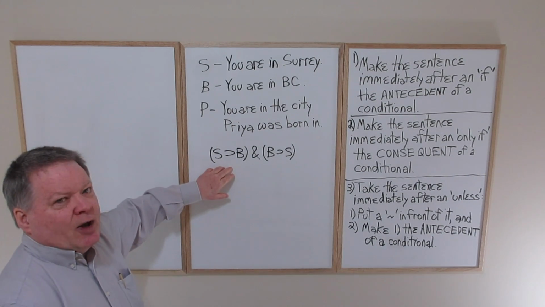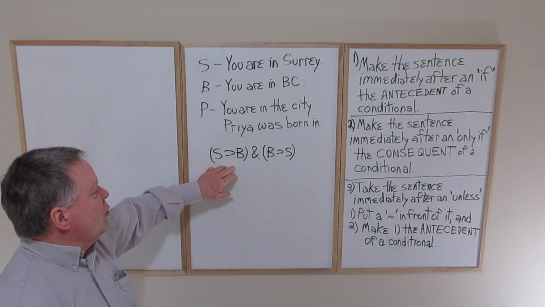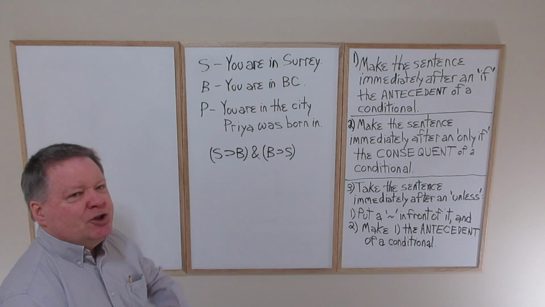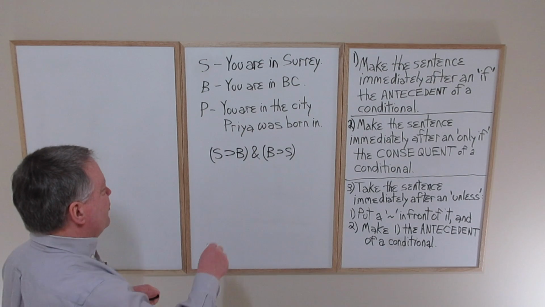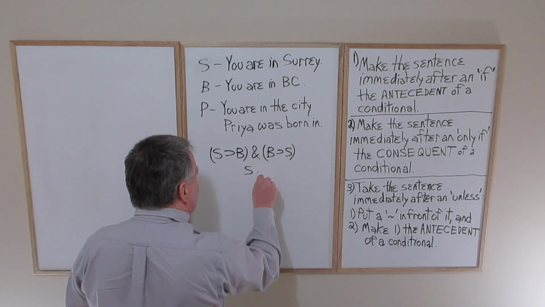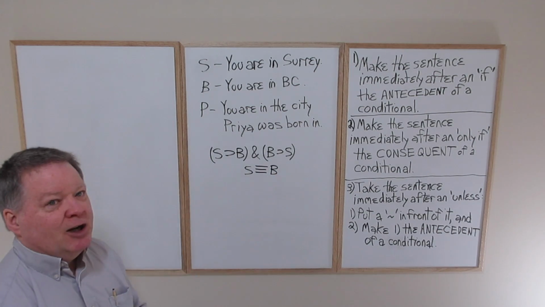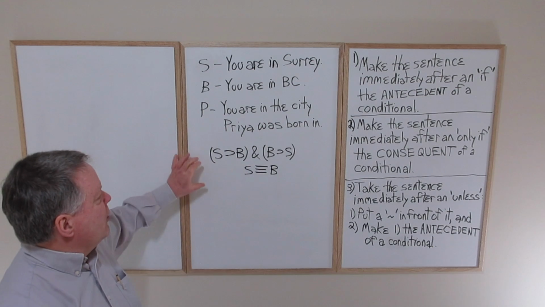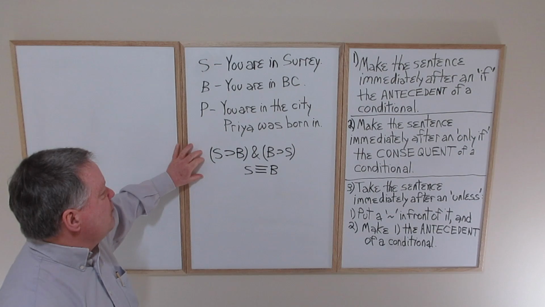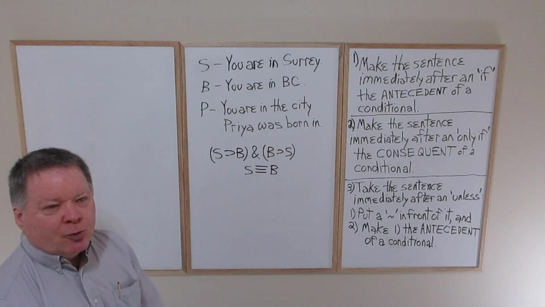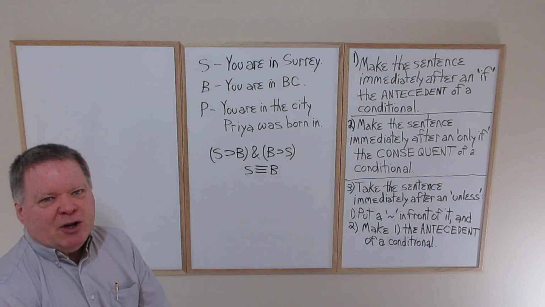So, since a conjunction of two conditionals can only be true when both of the conjuncts are true, this conjunction is false. Thus, you're in Surrey if and only if you're in British Columbia is also false because it's equivalent to this conjunction of mirror image conditionals.